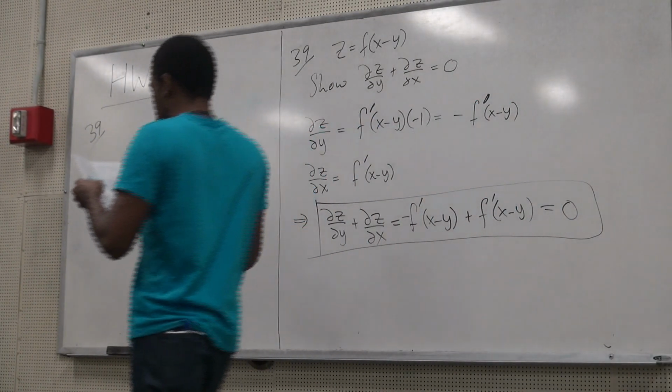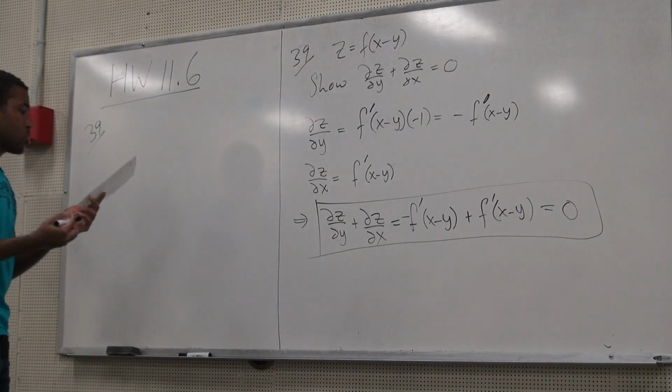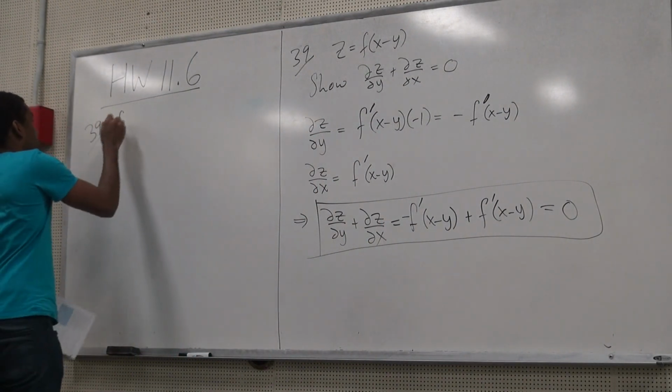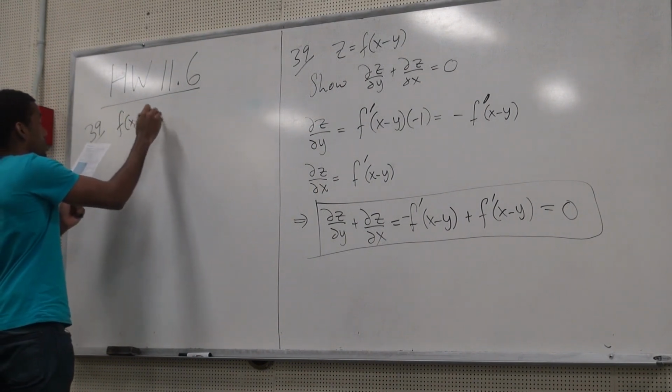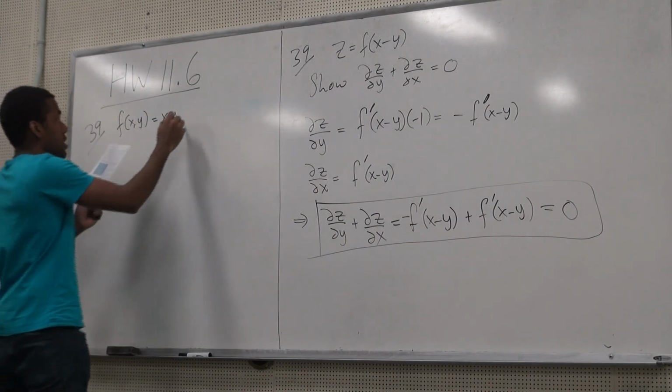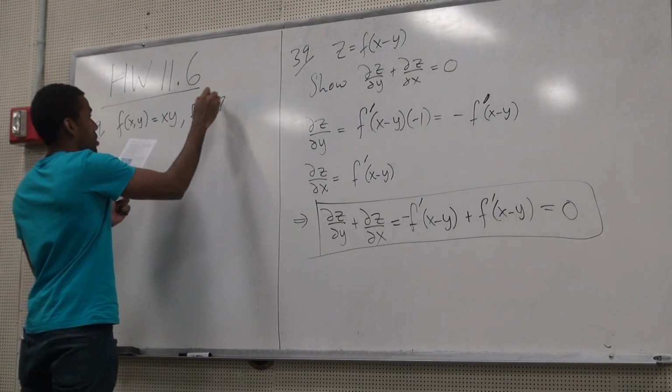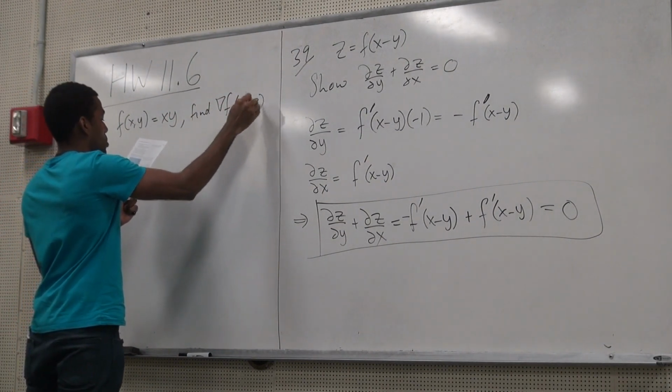Alright, so 39 says if f of x, y equals x times y, find the gradient vector at 3, 2.